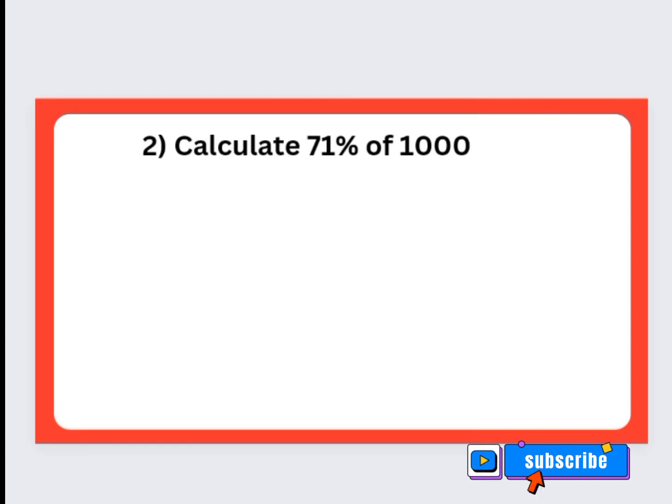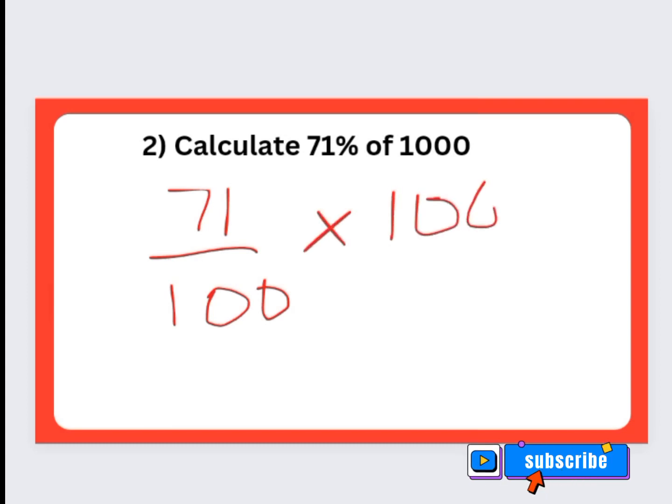Calculate 71% of 1000. Just like we have done initially, we're going to work with it. 71 over 100 of 1000 implies times 1000, and then we're going to divide.